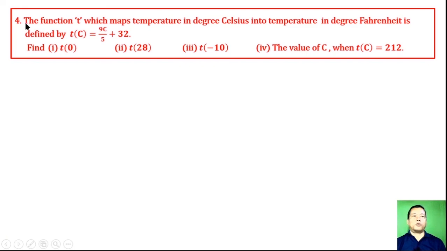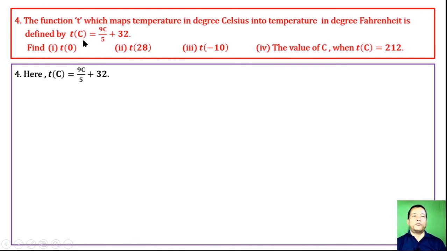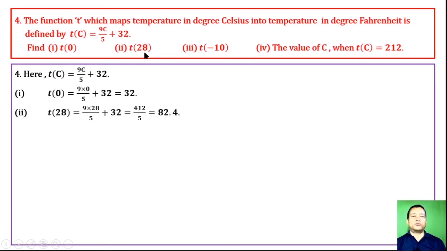For question number 4, the function t which maps temperature in degrees Celsius into temperature in degrees Fahrenheit is defined by t of c is equal to 9c by 5 plus 32. Find t of 0. Put c equal to 0, you get 32. Put c equal to 28, you get 82.4.